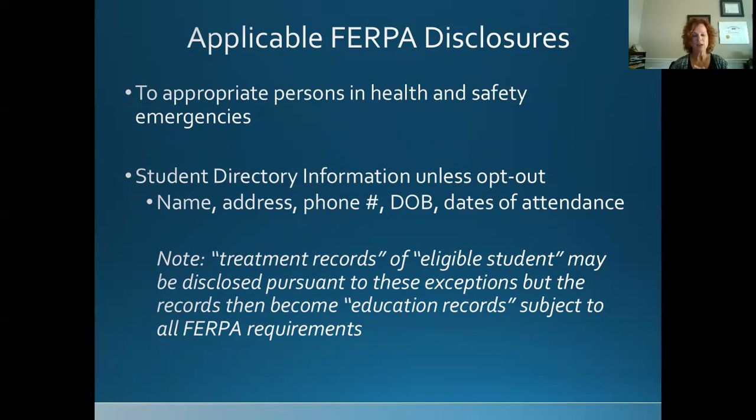And just like with HIPAA, in terms of what HHS said, the Ohio Department of Education has said with FERPA and disclosures for these purposes that, based on the information available to a school official at the time of the determination, if there's a rational basis for determining that there was a health or safety emergency, the Department of Education will not substitute its judgment for that of the educational agency in determining whether that disclosure was appropriate or not.